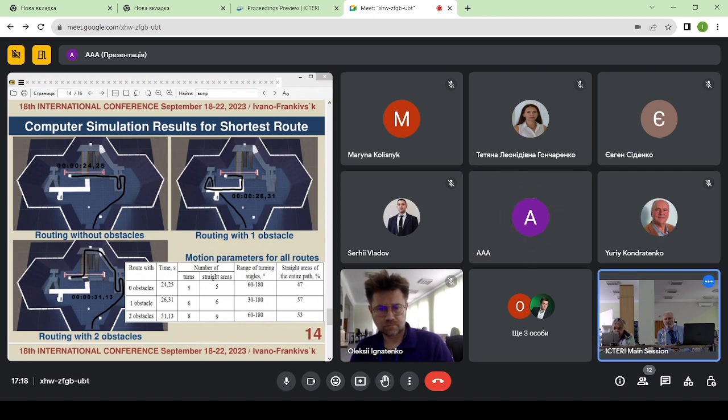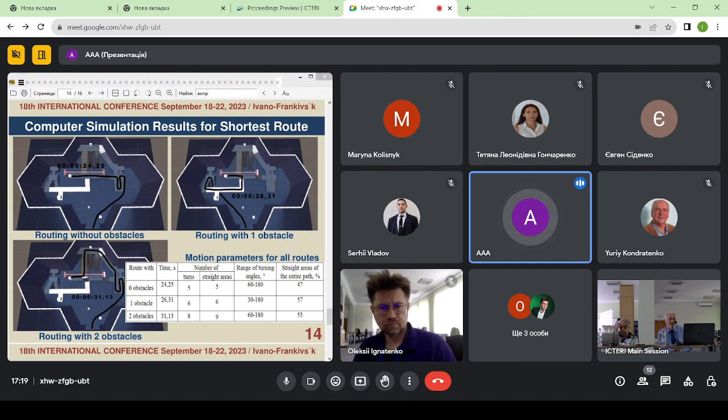And what was the rationale behind choosing these three cases for your simulation experiments? Why just two obstacles? Why not choosing 3, 5, 6 dozen of obstacles? Three cases, because this is a technical task of modeling this mobile robot moving.